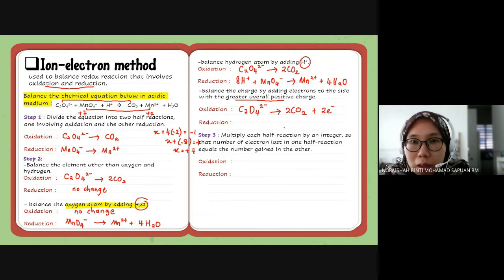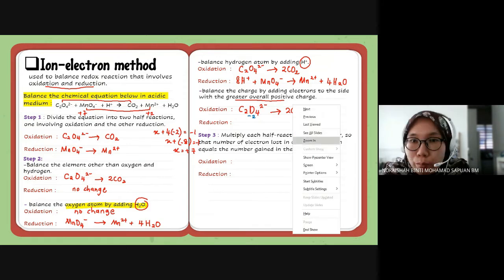Okay, so dekat sini negatif 2, so sini kosong, sini 2 darab negatif 1 is negatif 2. So bila you total up, you akan dapat bilangan charge untuk kiri negatif 2, sebelah kanan 0 minus 2 is equal negative 2 also. So same electron, same charge. Okay, so proceed to the reduction process.